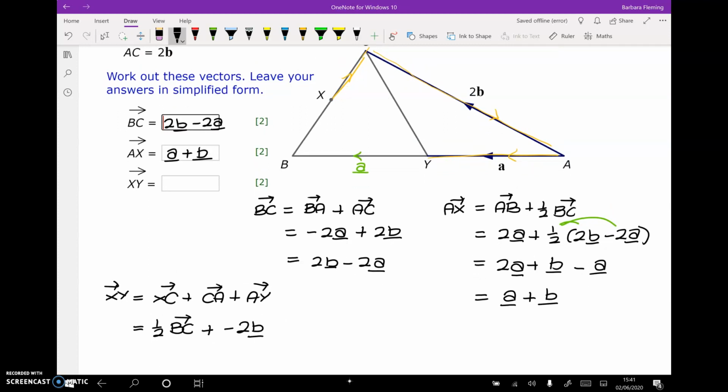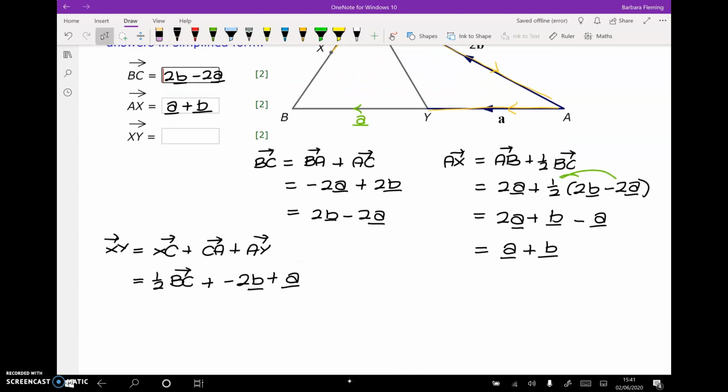Followed by A to Y, which is followed by your A. Now, a half of B to C, again, subbing that in. B to C was 2B minus 2A. Tidy up that plus minus, it just gives you A minus 2B plus A.